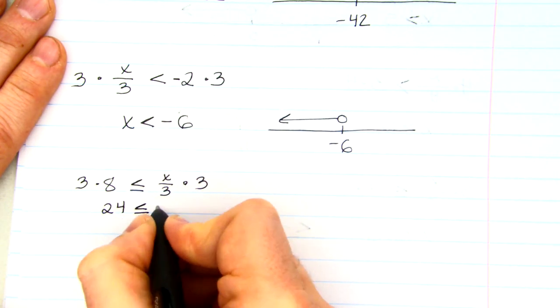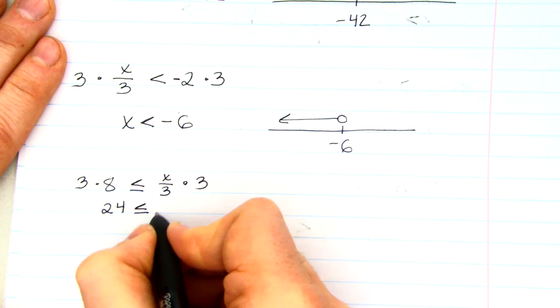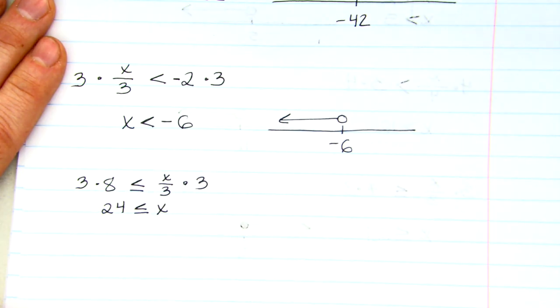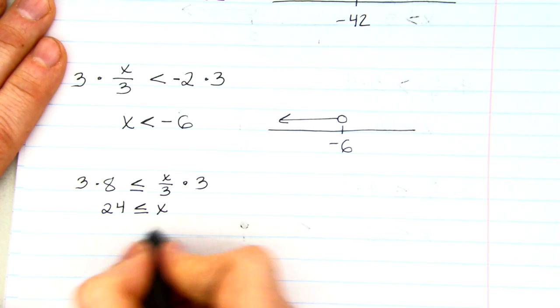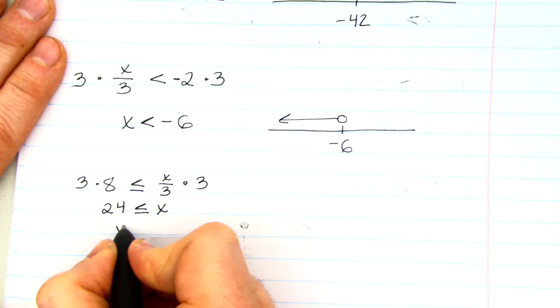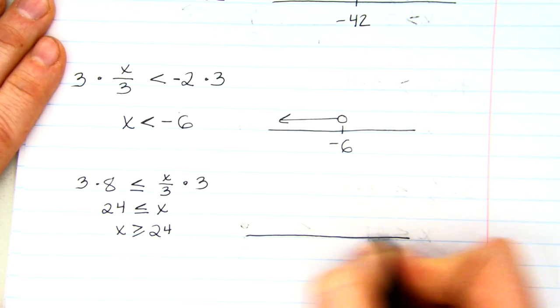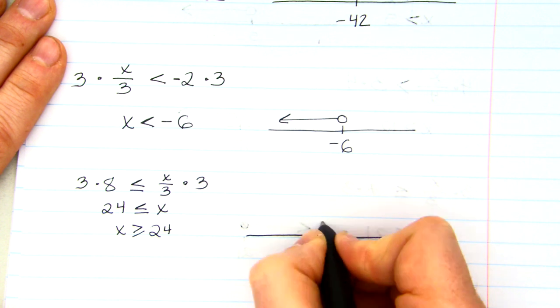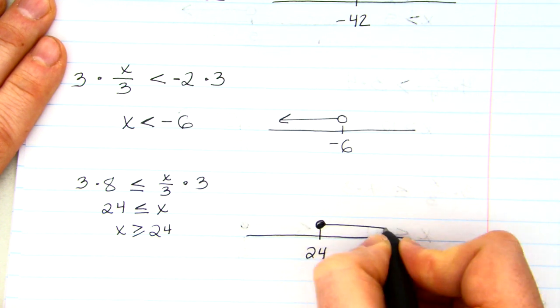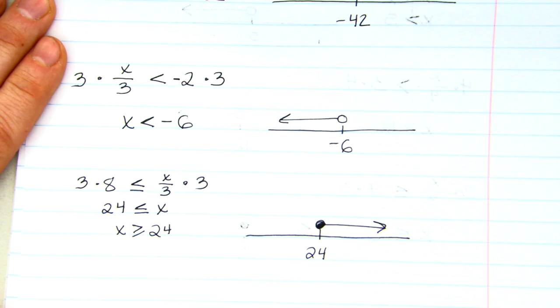Use your calculator to help with that multiplication, but you'll get 24 there. And now I get 24 is less than or equal to x. Well, I should flip this around, though, to make the x come first to make it easier to graph. Closed dot at 24, pointing that way.